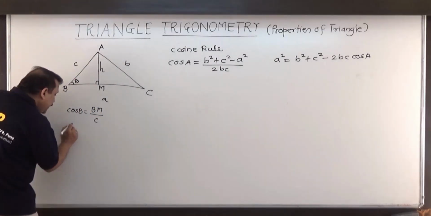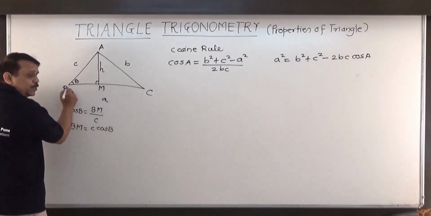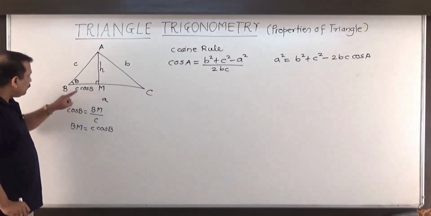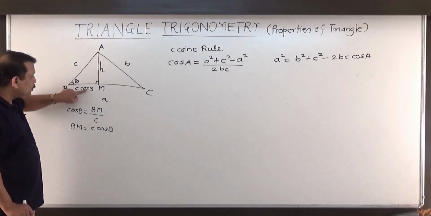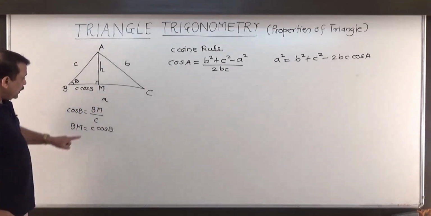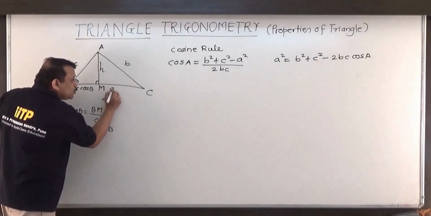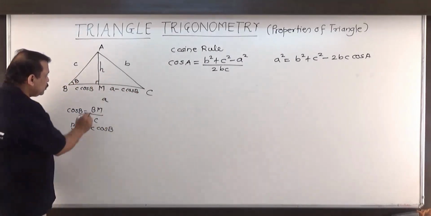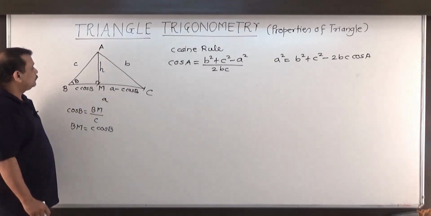So this BM becomes c cos B. So this much distance is nothing but c cos B: the adjacent side of angle B is the hypotenuse times the cosine of angle B. Now because the total distance BC is a, one can write the distance MC as a − c cos B.